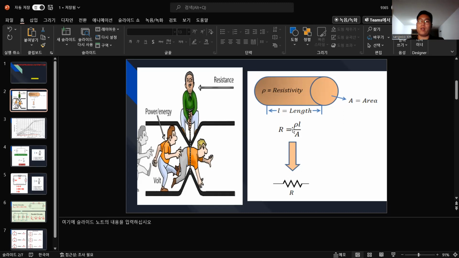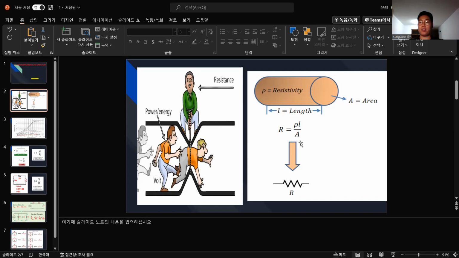If the length is longer, resistance goes up, and if the area is bigger and bigger, resistance is reduced. So as I said, the upper part is proportional. It is inversely proportional on the underside, right?